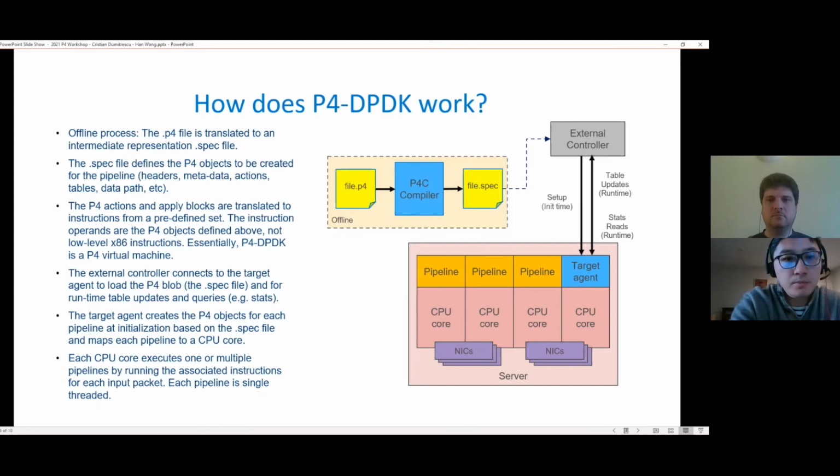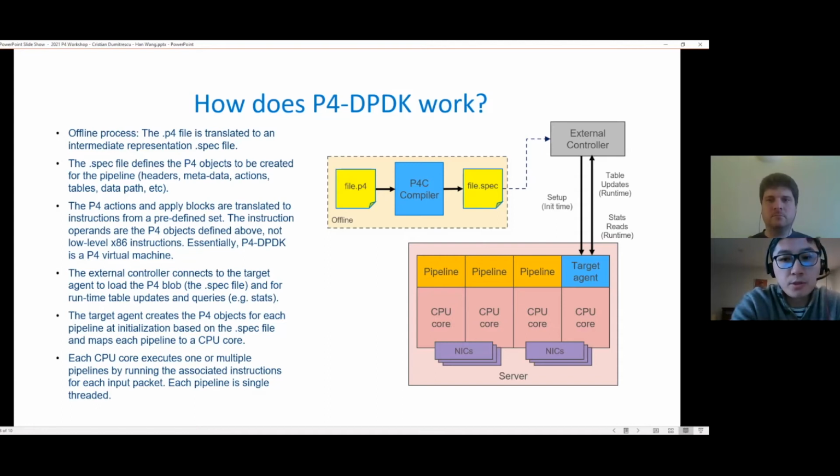The P4 actions and apply blocks are translated into instructions, for which we have documentation in DPDK that defines the set of instructions that we support. To give you some examples, we have instructions for emitting and extracting, that is, emitting and receiving packets.